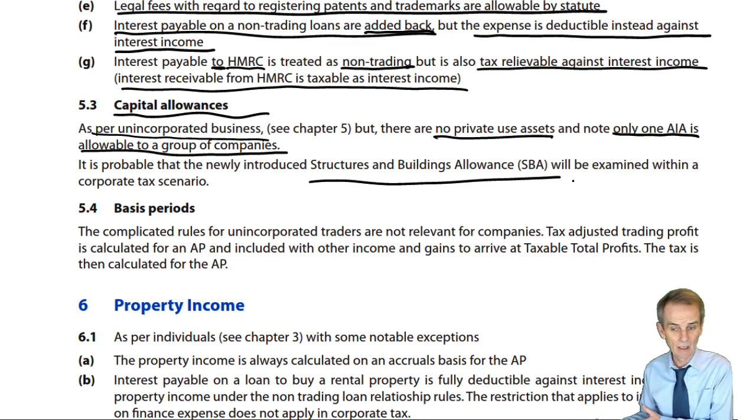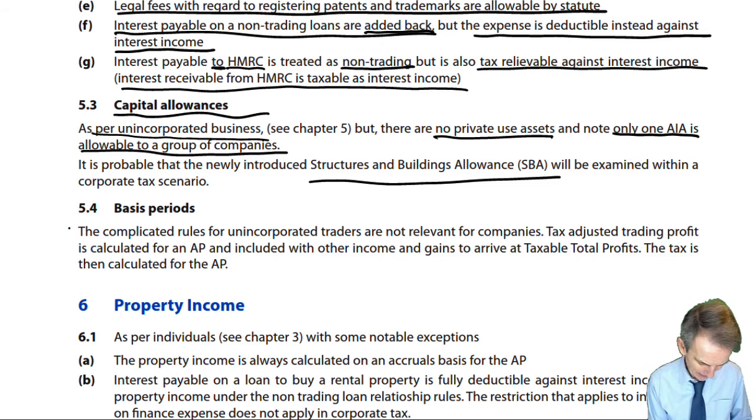Chapter 17 deals with the one situation where those two are not the same, and that's where you have a long period of account. You may recall we said this in the first lecture. That long period of account, more than 12 months, it becomes two corporate tax computations, two accounting periods. One for 12 months, the second for the balance of months through to the end of that period of account.